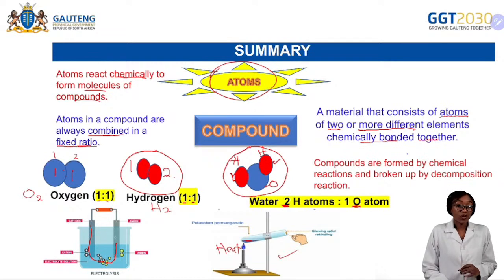The results: we got a color change from the dark purple potassium permanganate to a black color. The second result was the reigniting of the glowing splint to show that oxygen has been released from the heating or decomposition of potassium permanganate.